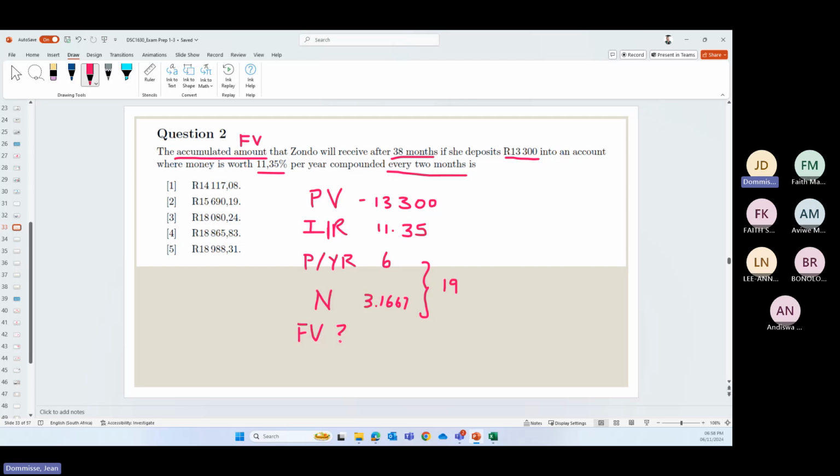And then to work out the future value, I get 18988.31. There's lots of eights.